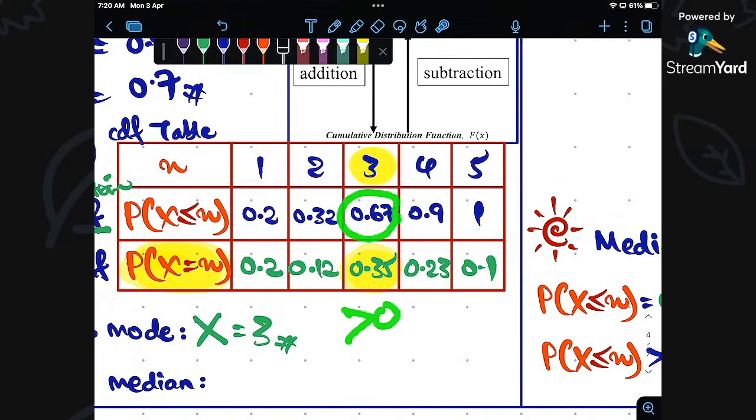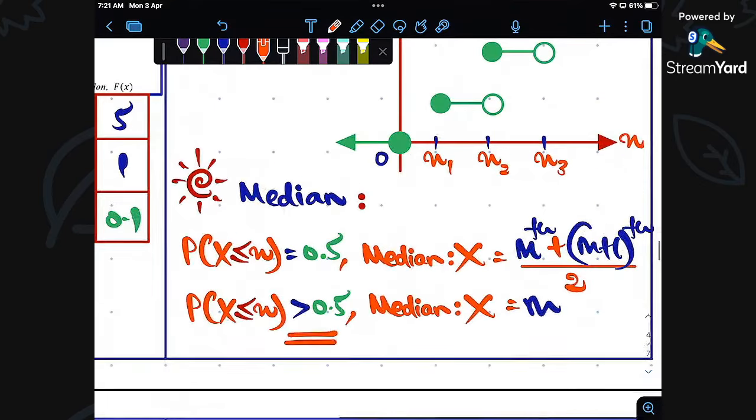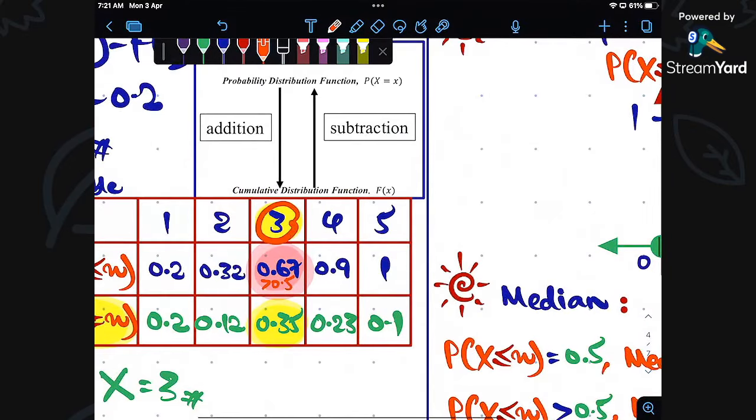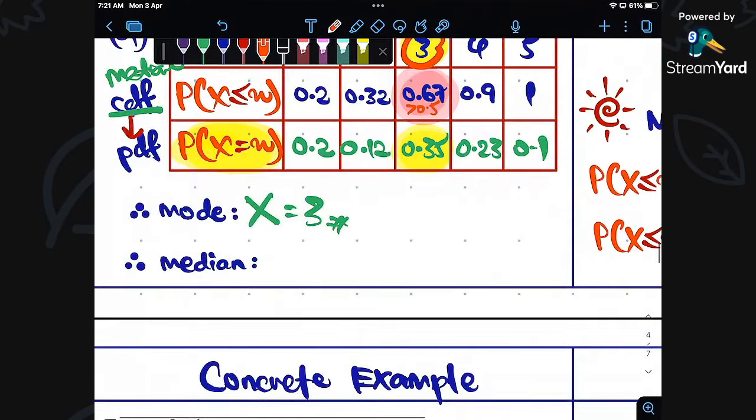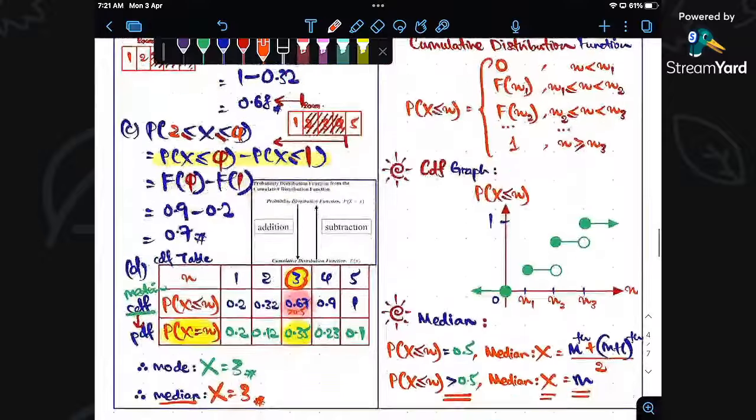This is more than 0.5, isn't it? So you highlight this. This is more than 0.5. Therefore, you look at the condition. If it is more than 0.5, your median is X equals exactly the number X, which is 3. Therefore, X equals 3 as well for your median. That's it. That's for the learning part of CDF. Good luck.